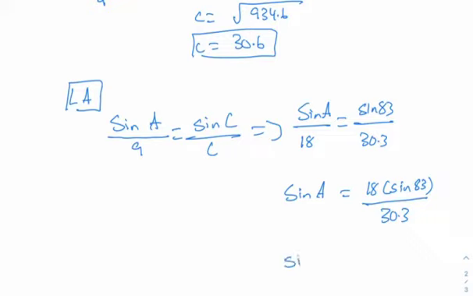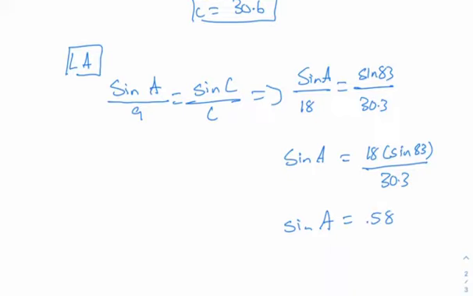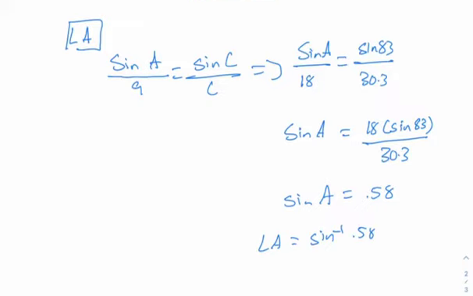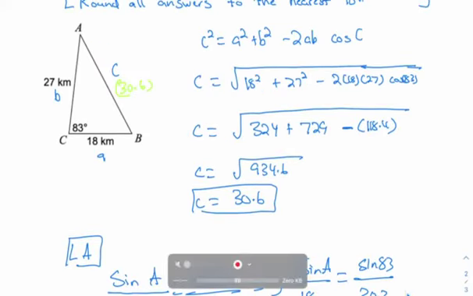So I'm going to have the sine of A equal to 0.58. So angle A is going to equal the inverse sine of 0.58, and angle A is going to be 35.5 degrees. Okay, so now let's look back at the triangle. So 35.5.